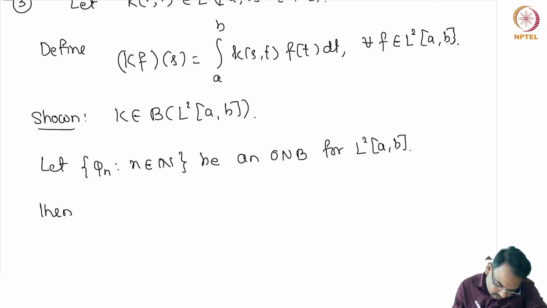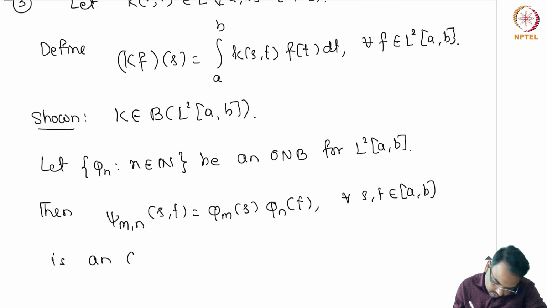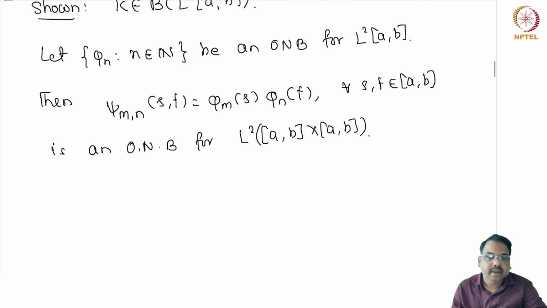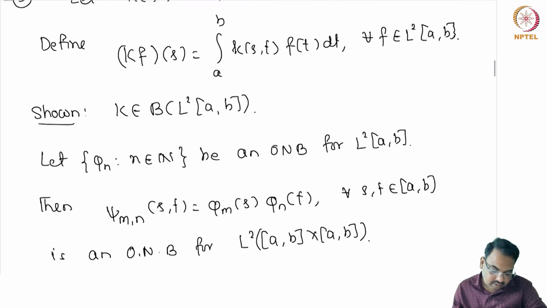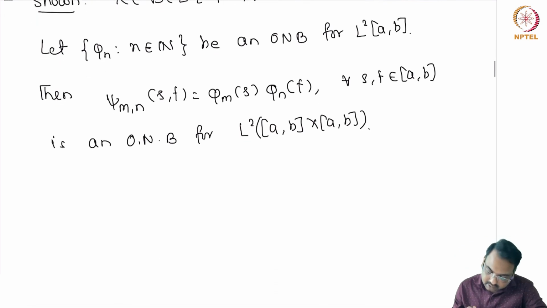Then we can show that if you define psi_mn(s,t) as phi_m(s) times phi_n(t) for all s,t in [a,b], this is an orthogonal basis for L2 of [a,b] cross [a,b]. Now k, the two variable function, is in L2 of [a,b] cross [a,b], so it can be represented using this orthogonal basis.